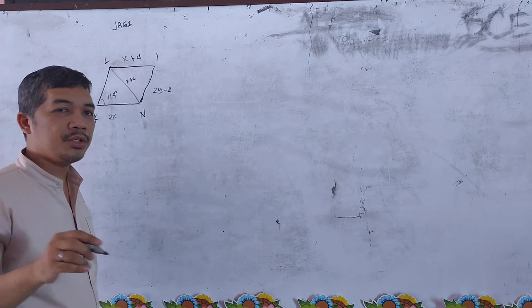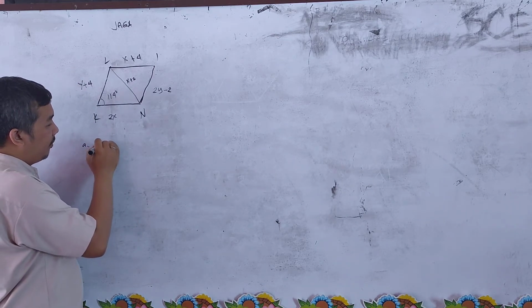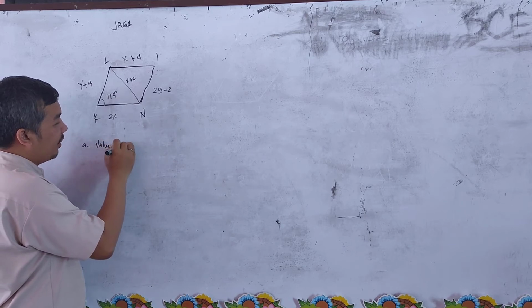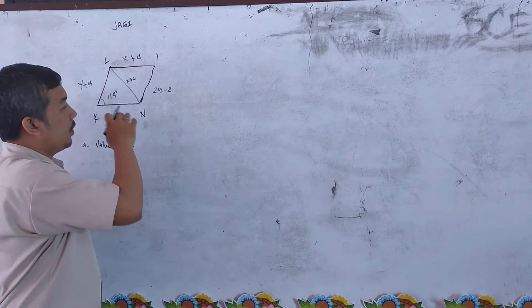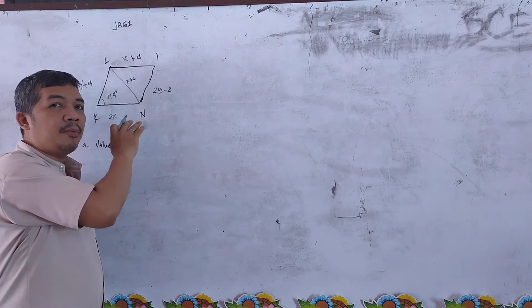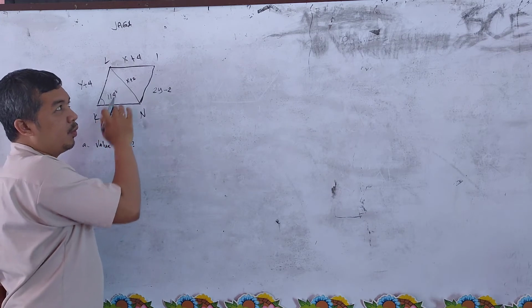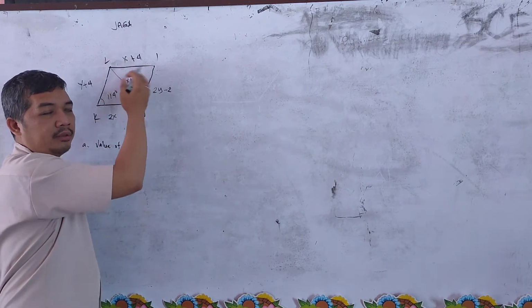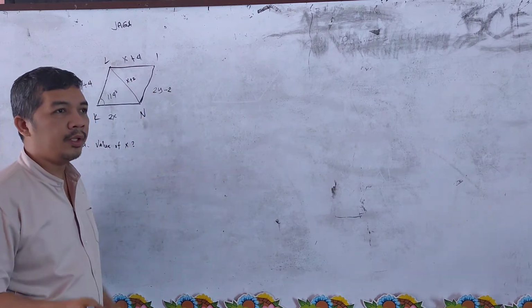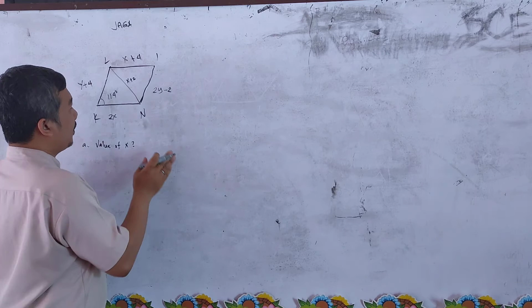So ang unang question A is, value of x. Ano daw yung value ng x? So if we are following the properties ng parallelogram, malalaman natin na yung opposite lines ng parallelogram, congruent, no? Congruent. When we say congruent, magkaparehas sila ng forma, magkaparehas sila ng sukat.